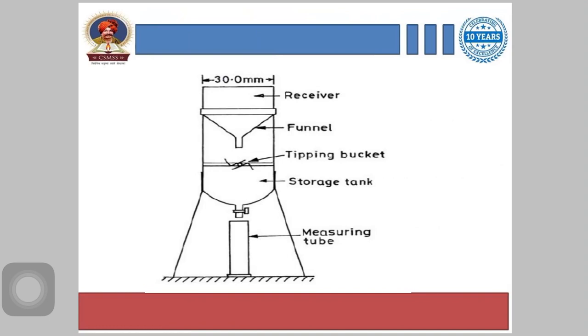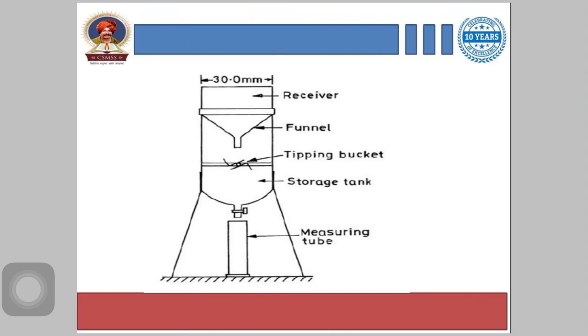These are pivoted just below the funnel as shown in the figure, and these two buckets are designed in such a way that when 0.25 mm of rainfall collects in one bucket, it tips and empties this water into the storage tank just below it, and at the same time the other bucket comes under the funnel to collect the next rainfall.